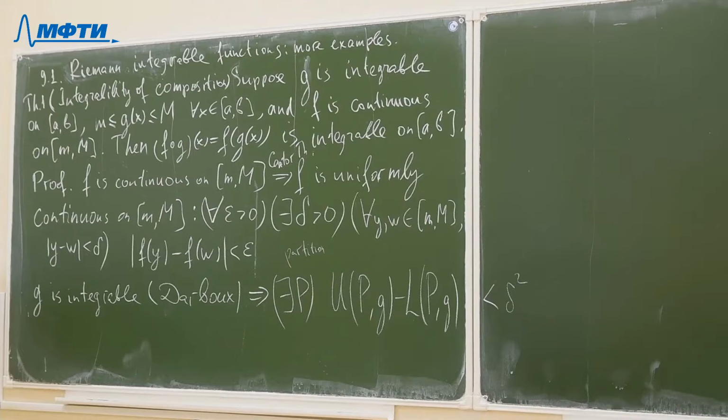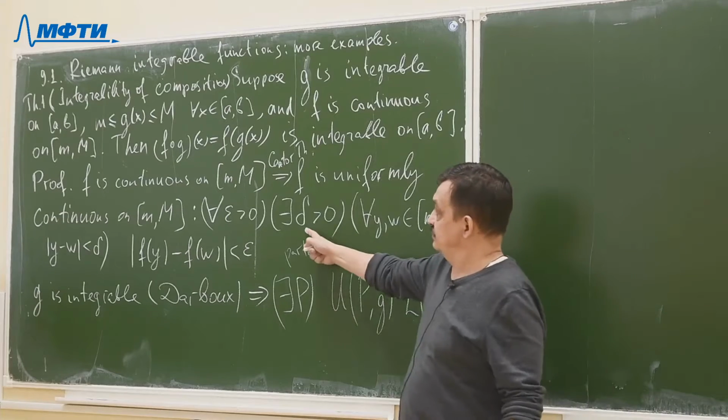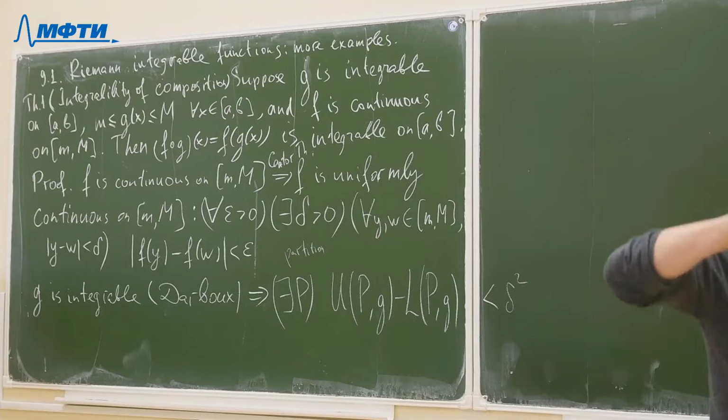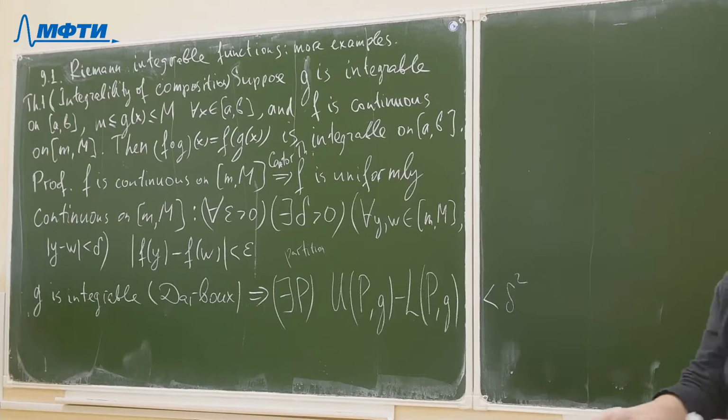You see, we had arbitrary epsilon greater than 0, right? We choose delta according to uniform continuity of the function f. So now we have delta. Delta is positive.